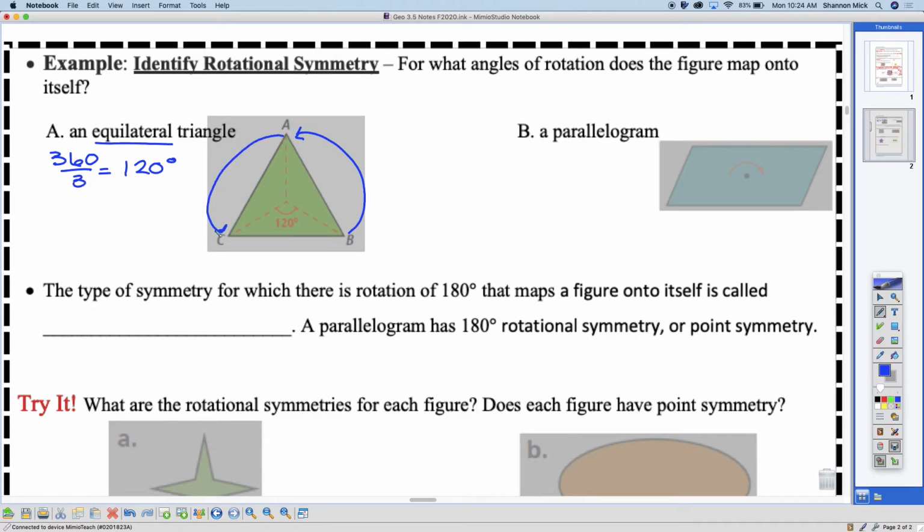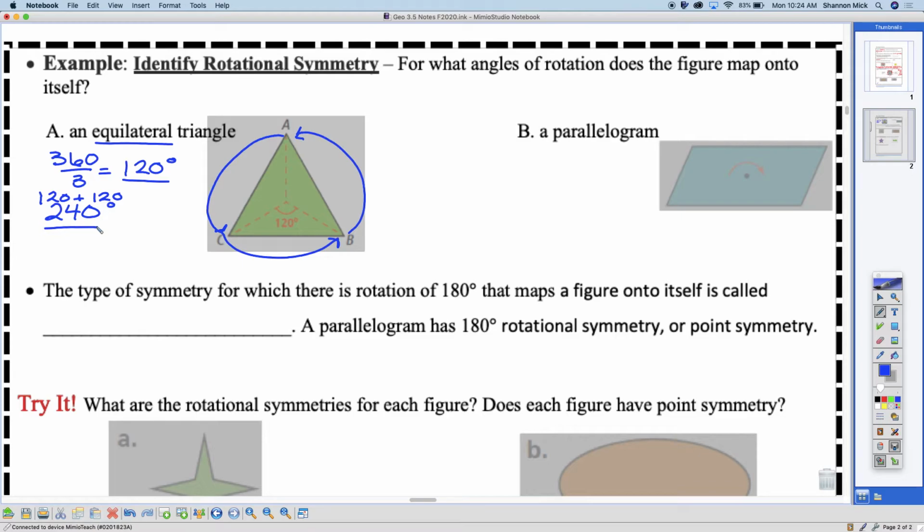Yes, so that would be 240, which is 120 plus 120. Can I do it again? No, because one more would equal 360. So 120 and 240 are your rotational symmetries.